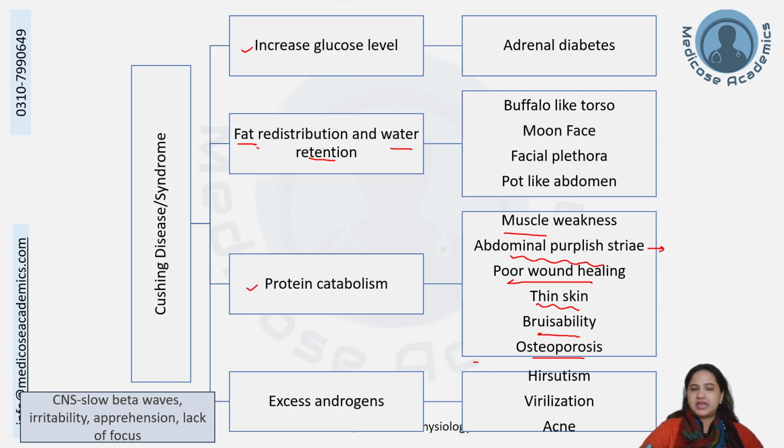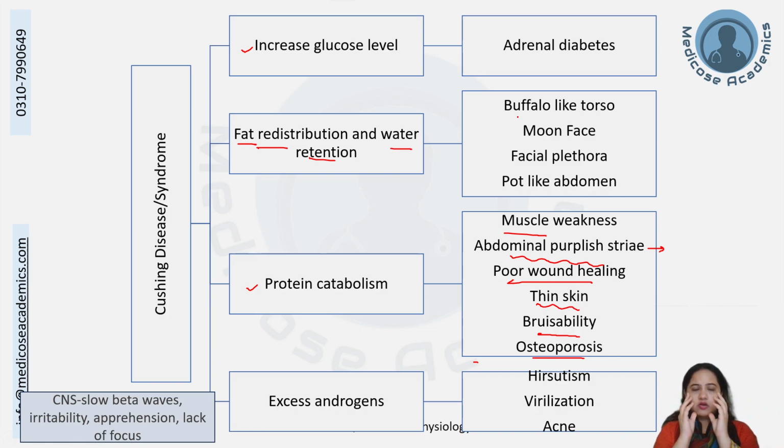Fat redistribution, as we discussed while discussing the cortisol functions, is because cortisol increases lipolysis but also causes deposition of lipids in certain areas of the body. So ultimately the peripheries will be thin, but there will be excessive deposition of adipose tissue in the upper torso. It will become a buffalo-like torso.